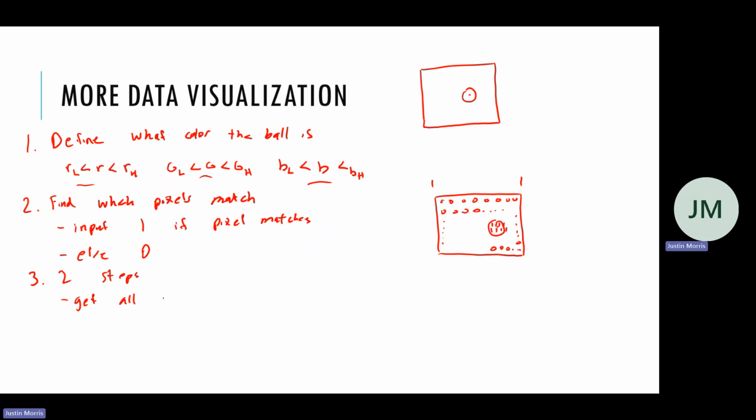It's all x of ones and average it. Get all y positions of ones, then average.